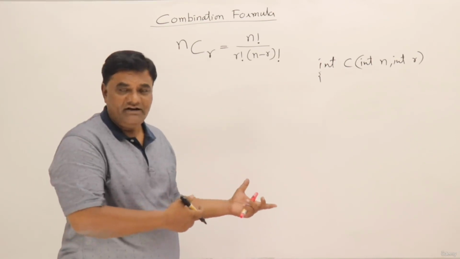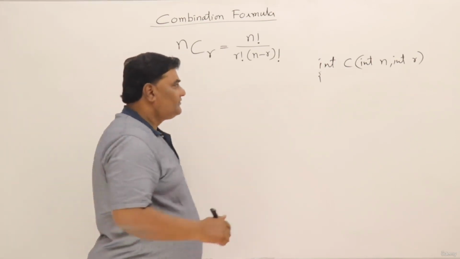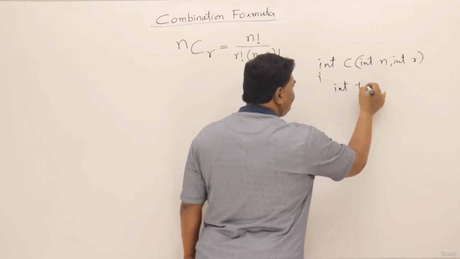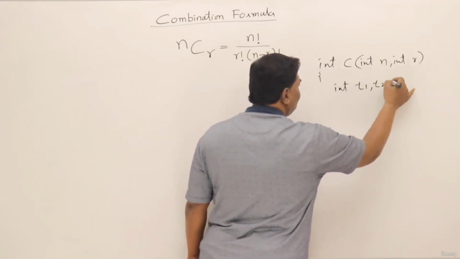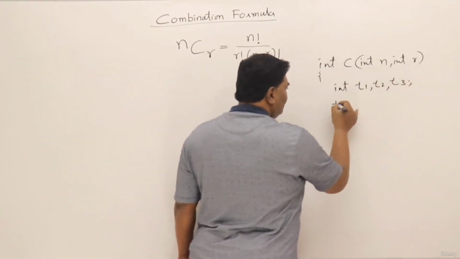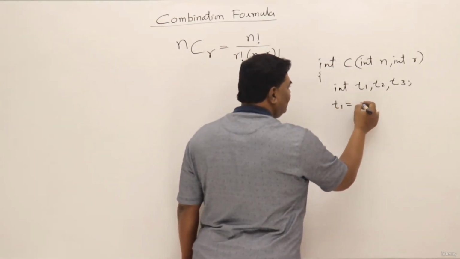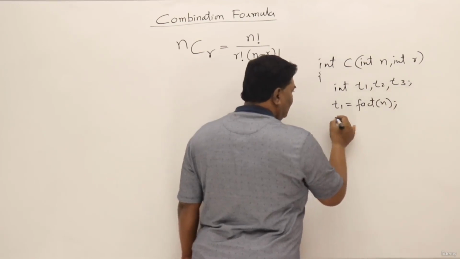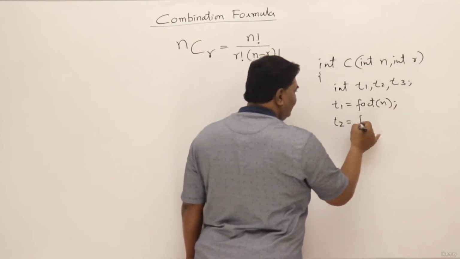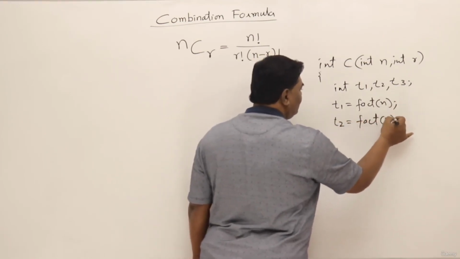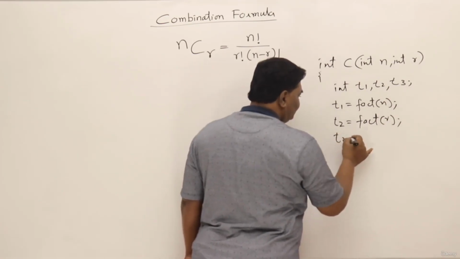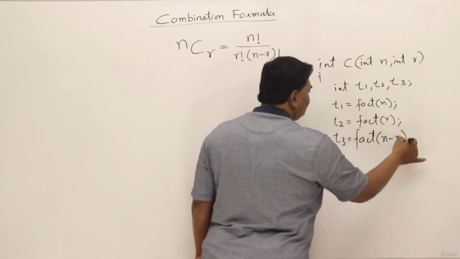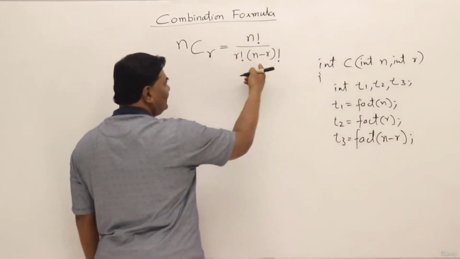For finding the factorials, I'll take some temporary variables t1, t2 and t3. t1 is factorial of n and t2 is factorial of r, t3 is factorial of n minus r. So I got all 3 factorials.